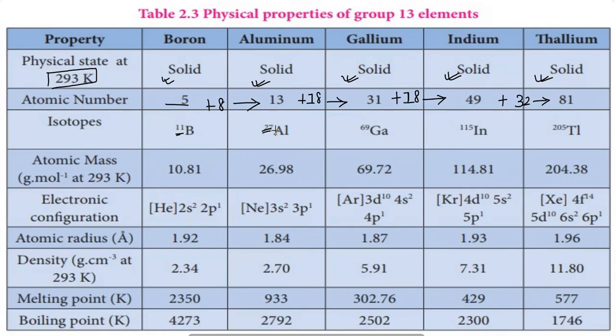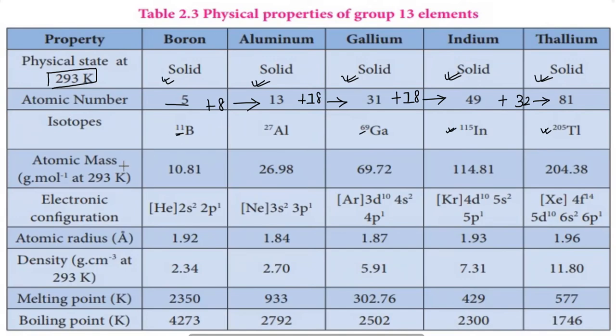For gallium it is gallium 69. For indium it is indium 115, and for thallium it is thallium 205. So they each have one isotope, which is presented here.